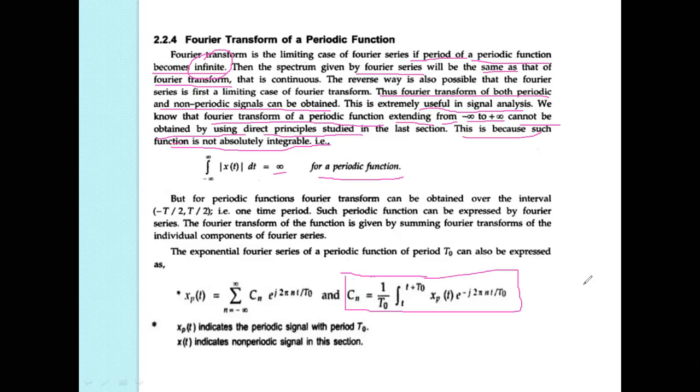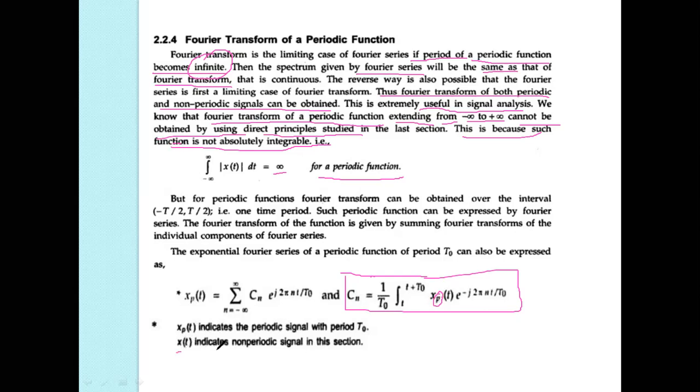Here xp of t is a periodic signal with a period of T naught. X of t is a non-periodic signal. When I am taking this specific xp, Cn is equal to, p is a periodic suffix, and there is no suffix here.